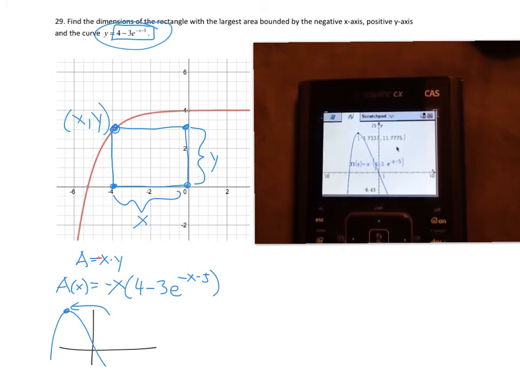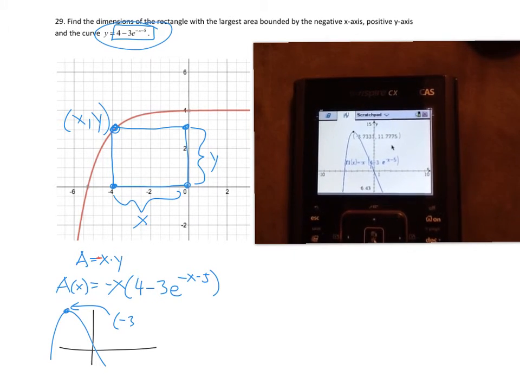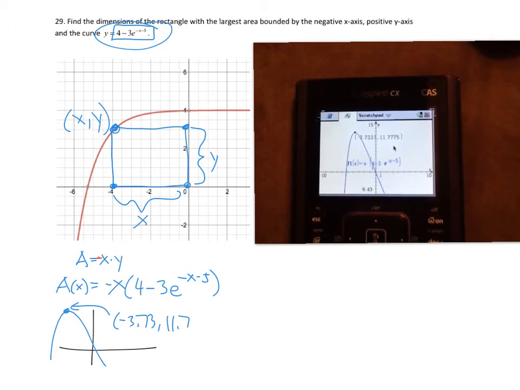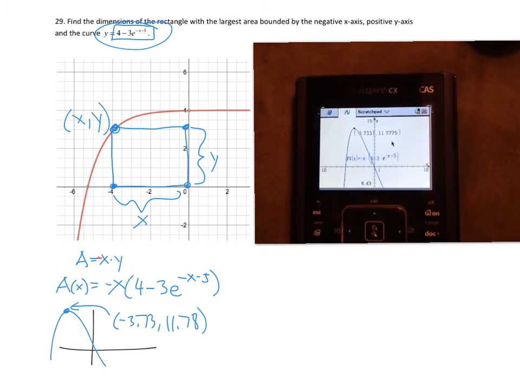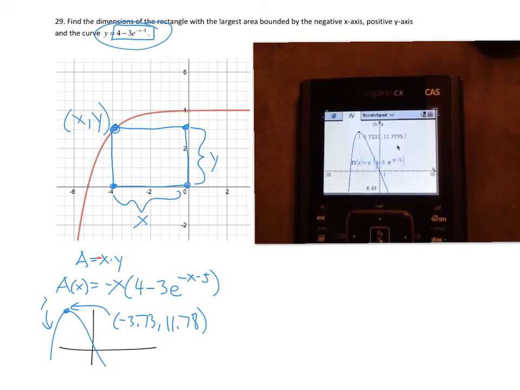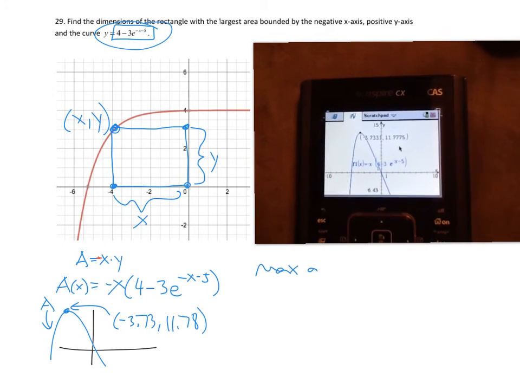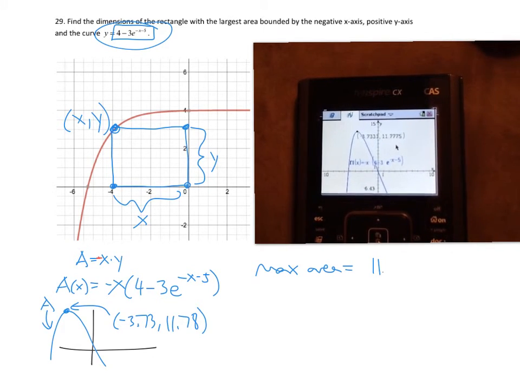And that point is negative 3.73, 11.78. So the maximum area of this rectangle, since remember this is our area graph, the maximum area will be 11.78.